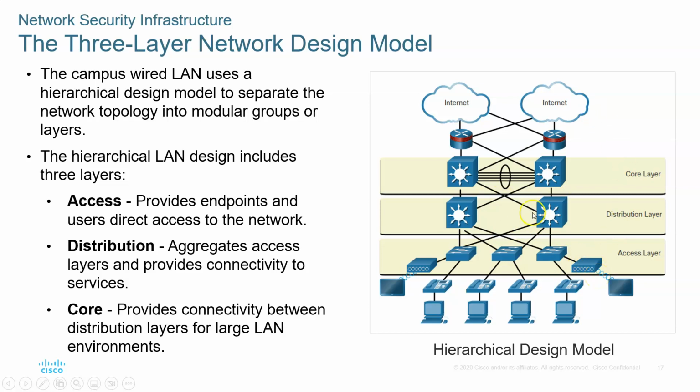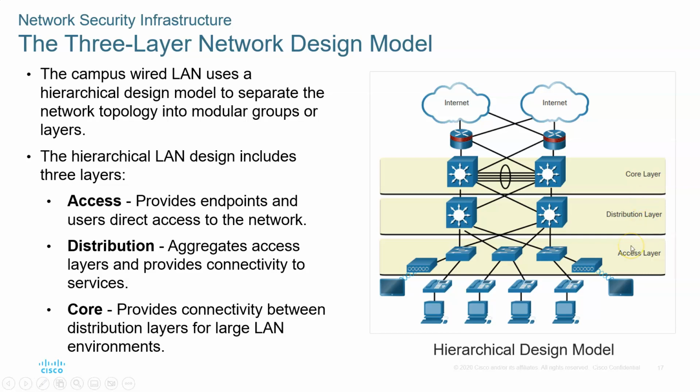When you have this hierarchical method, so please write this down, the hierarchical design method for a WAN or a LAN: the access layer, the distribution layer, and the core layer. The core is on the top, then you get the distribution, then the access. This is the best way to design your local area network because it's more scalable, so you can add more LANs much easier, increase without any compromise in performance.